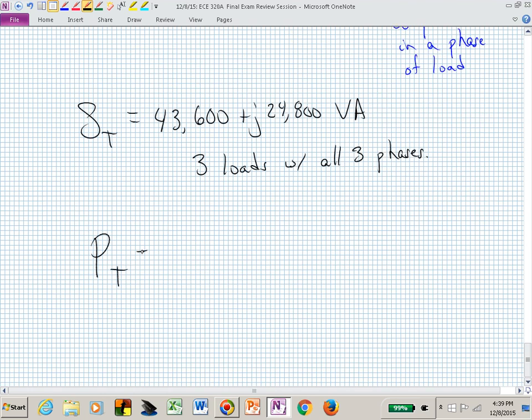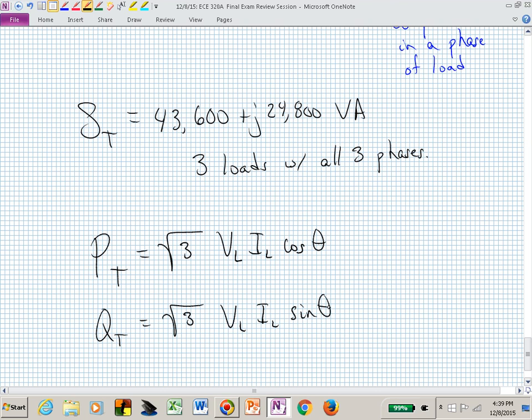The total average power is square root of 3, V line, I line, cosine of theta. And Q sub t is square root of 3, V line, I line, sine of theta. You know PT, you know V sub L. We can compute theta. We could then solve for I line.